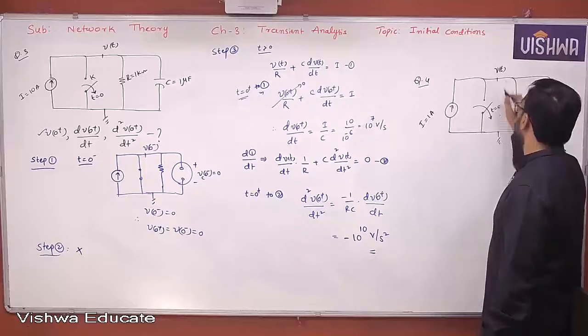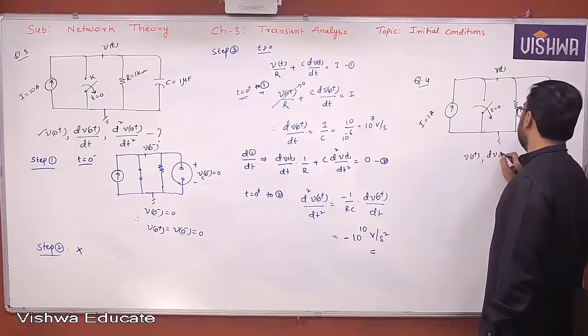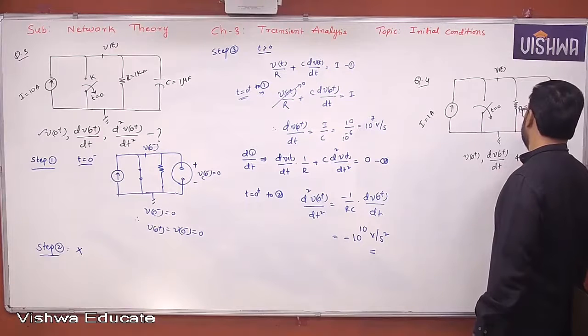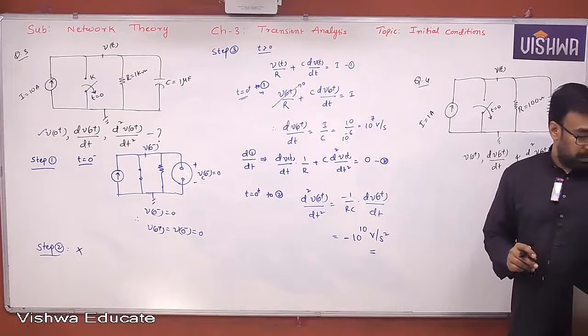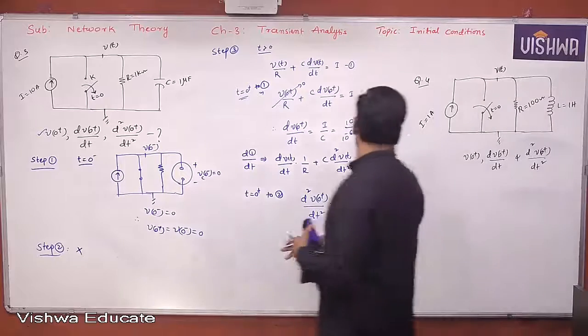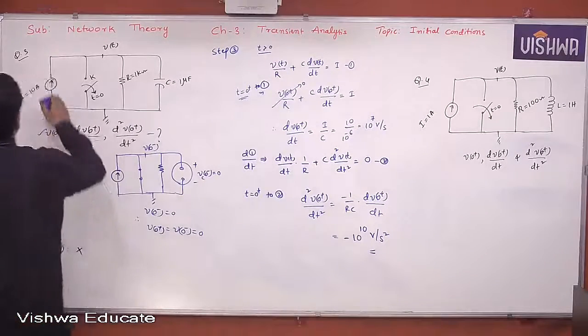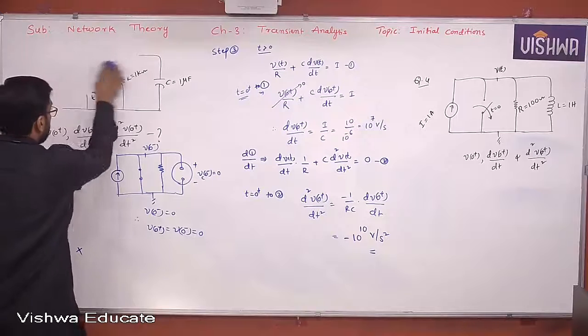Again, V of 0 plus, dV of 0 plus by dt, d square V of 0 plus by dt square. Okay, question number 4. All of you please go for question number 4.